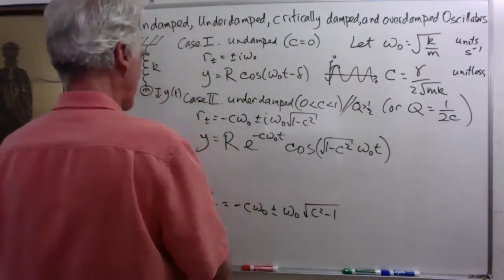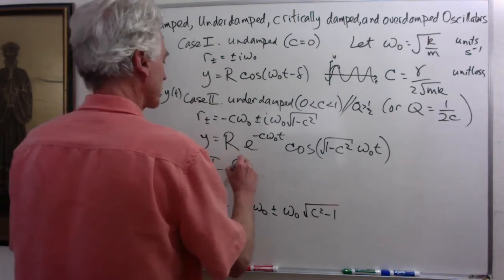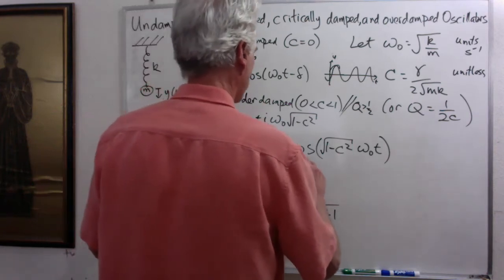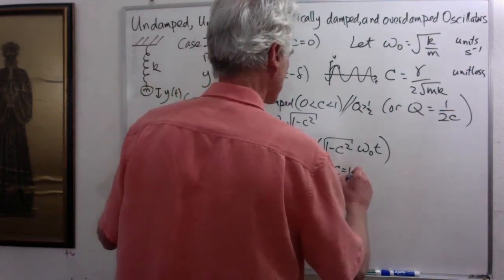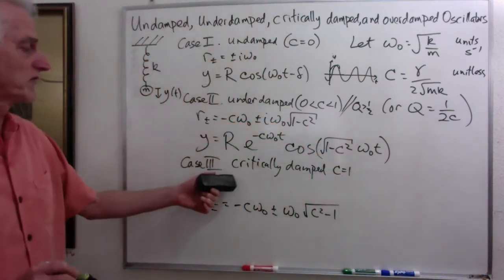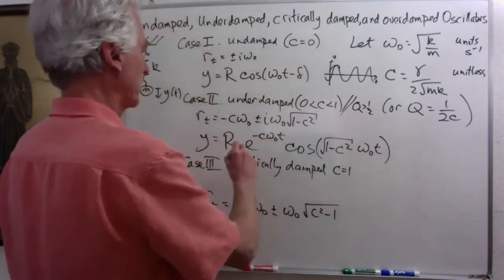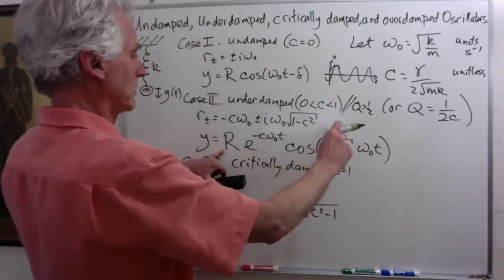All right. So this is case 3. This is critically damped. c equals 1. And before I do that, I forgot to draw the pictures of the underdamped case. This is a decaying exponential.